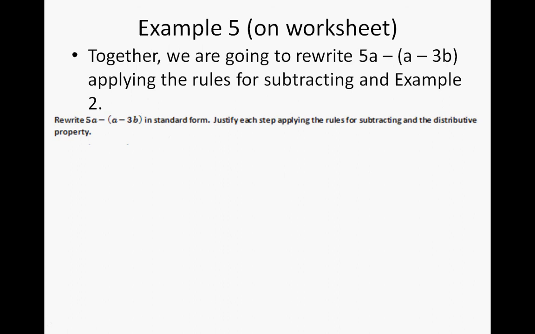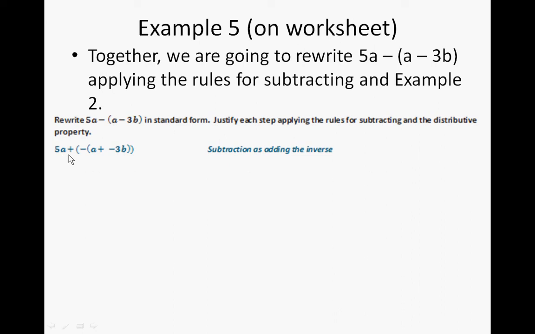All right, example 5 on your worksheet. Together we are going to rewrite 5a minus the quantity of a minus 3b, applying the rules for subtracting and what we did in example 2. So for the first step, we want to change subtraction into adding the inverse.